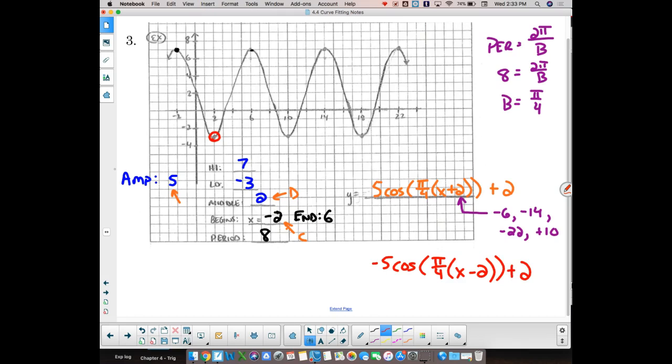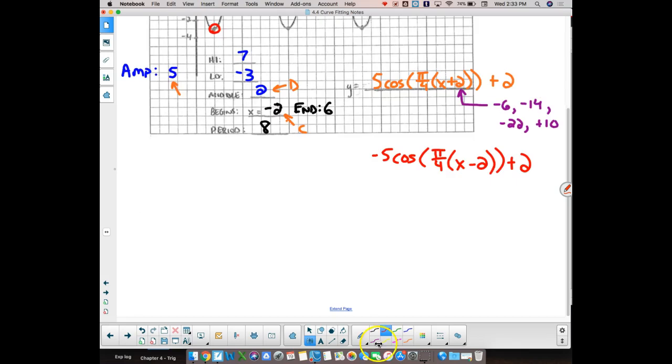And I could change that one by changing this number to minus 10, minus 18, plus 6, plus 14. All of those would work in there. Okay? Questions on that?